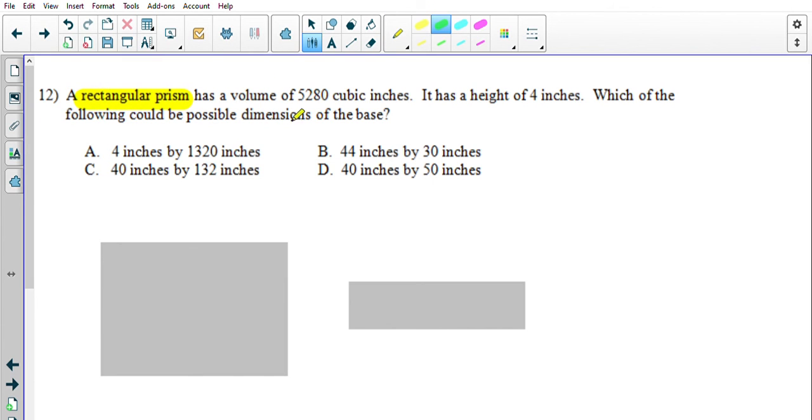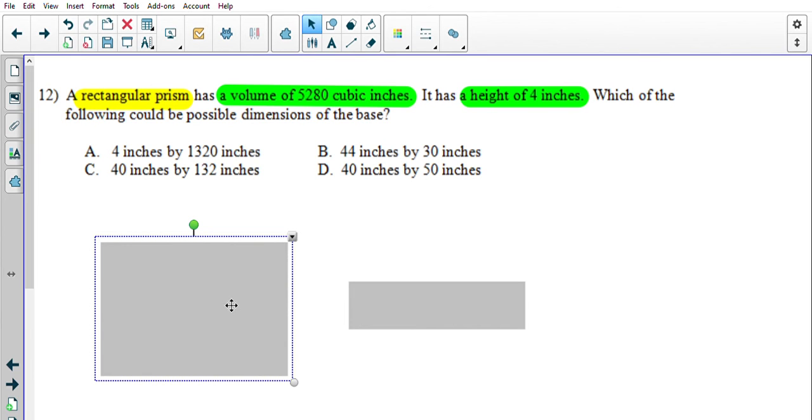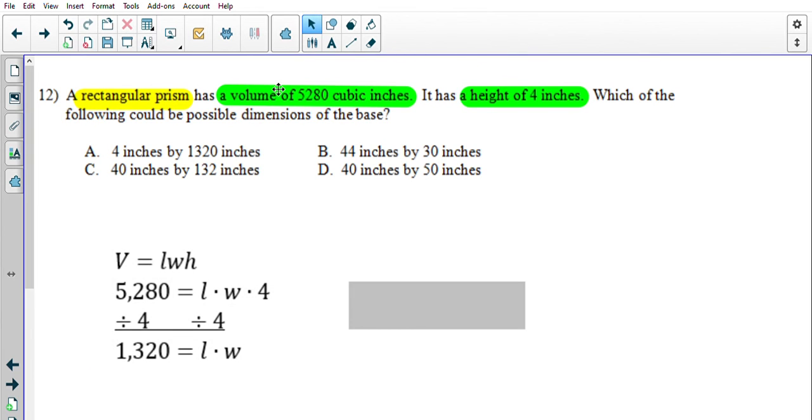We also know that it has a volume of 5,280 cubic inches, and we know that the height is 4 inches. So what I did for this problem is I used the same formula as the previous problems. I replaced V with 5,280 and H with 4. I divide both sides by 4 to get length times width by itself. So what I know in this step is that my length and width need to multiply to get me 1,320. So I go through my 4 answer choices.